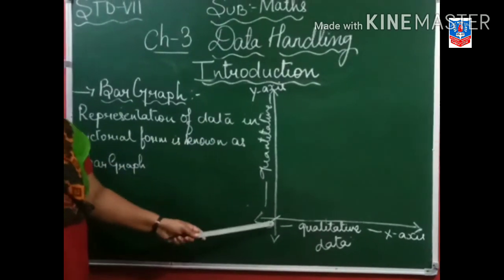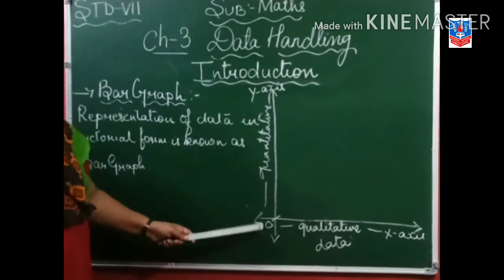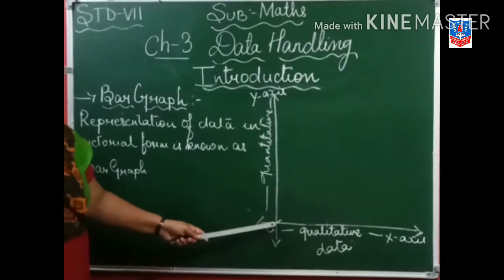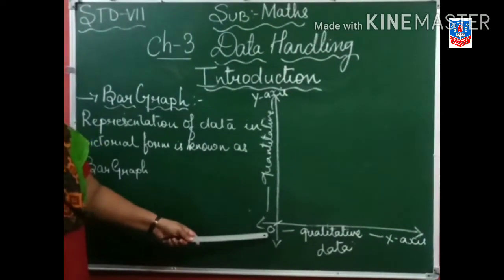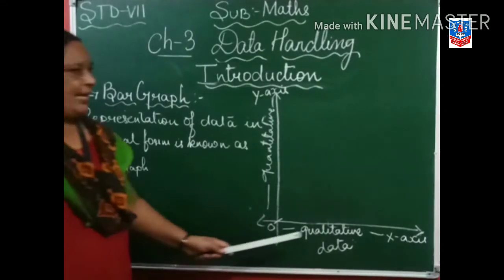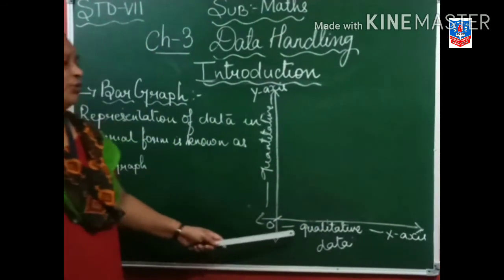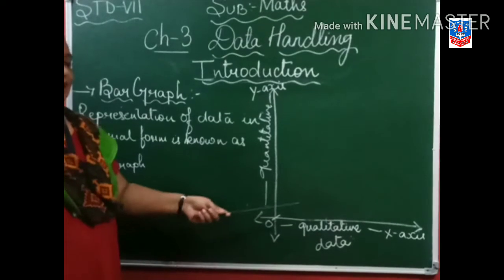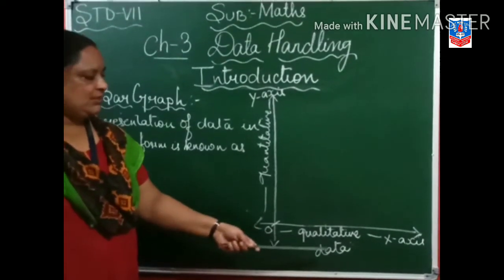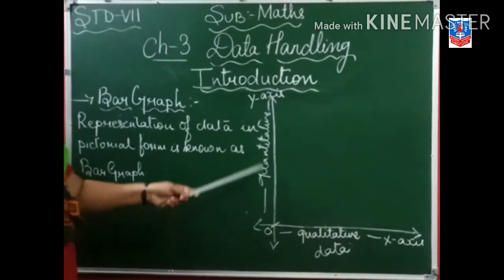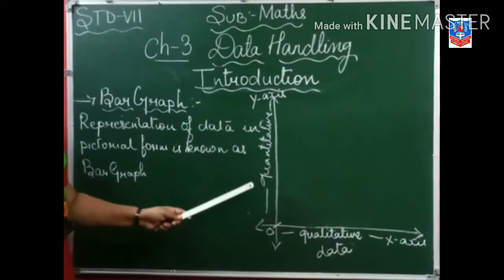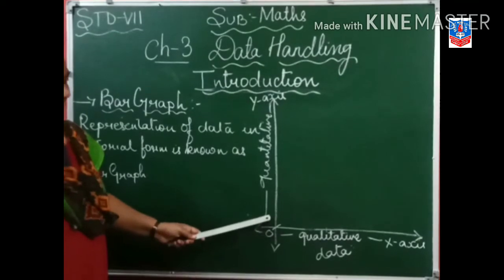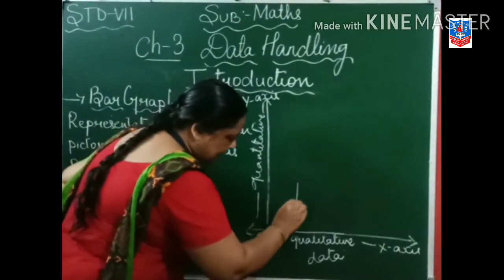And the intersection point of x-axis and y-axis is called origin and you will denote it as O. Now on the x-axis, you will show names of cities, names of students, years, etc. And on the y-axis, you will show quantitative data. That means numerical data.